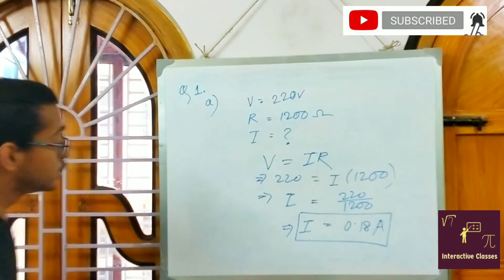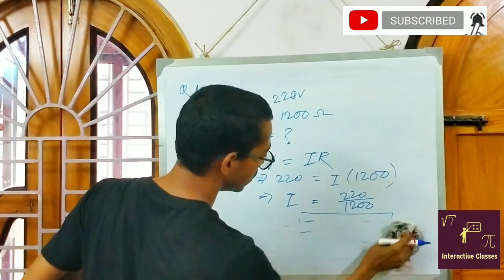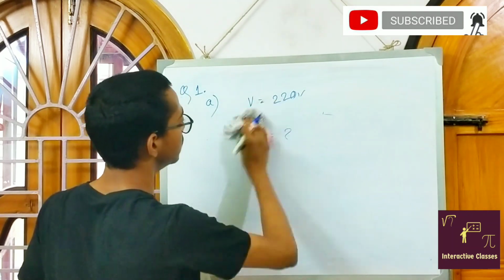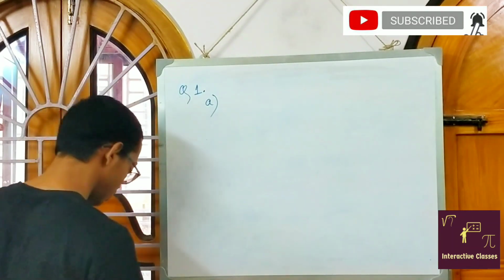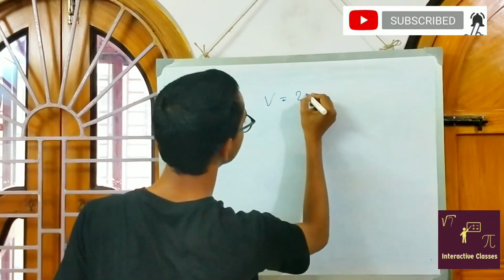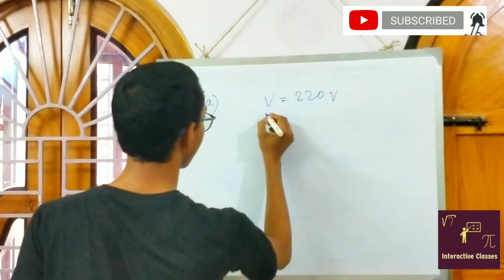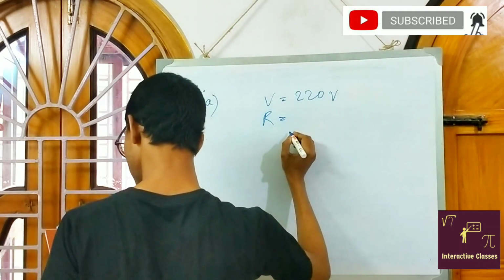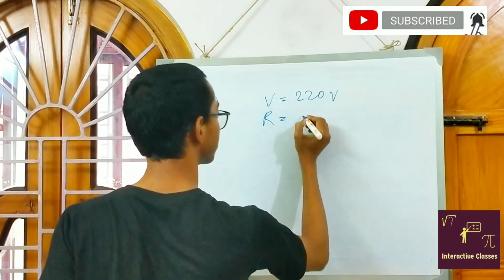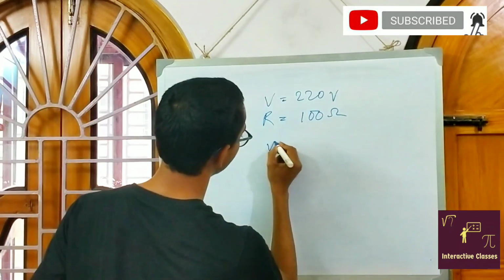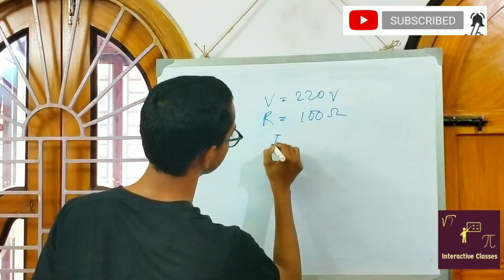So see, this is very simple mathematics, and if we know Ohm's law, we can do it very easily. The next part: voltage is given as 220 volt, and resistance is 100 ohm. Now, from Ohm's law, we need to find the current.